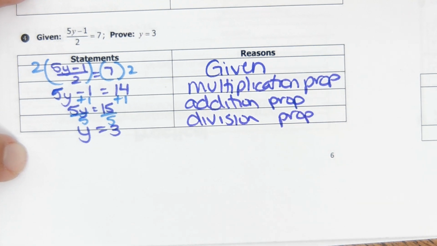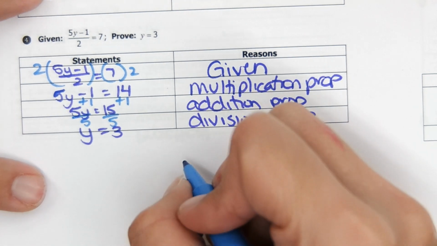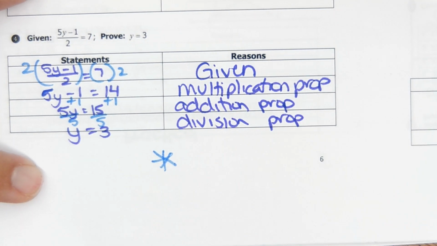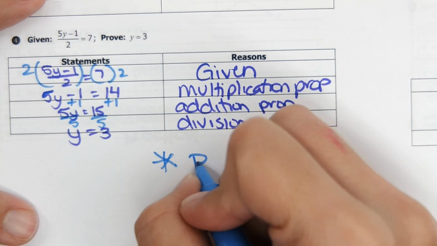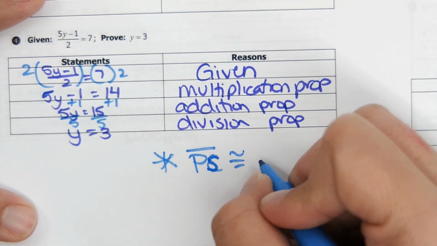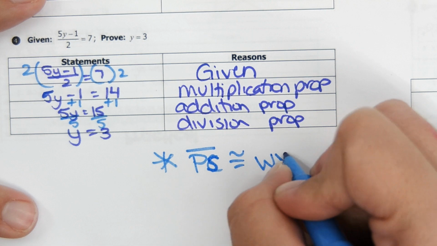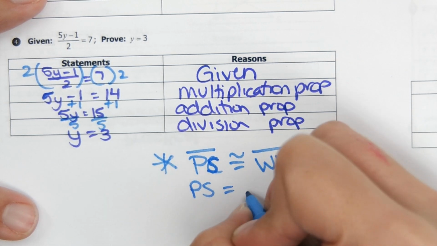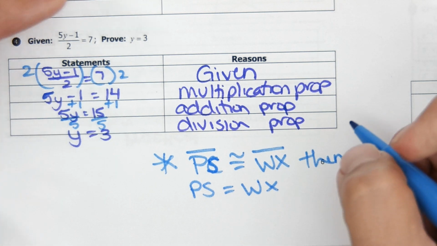Okay, and then I have one more note of something that you'll probably need to know for the homework. So just write this down on the bottom of your page in case you get a question that asks about this. If segment PS is congruent to segment WX, then PS is the same length as WX.